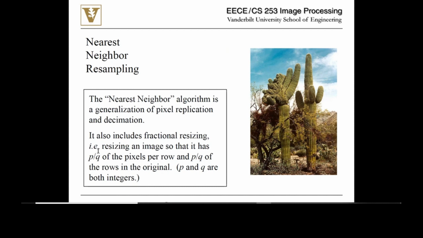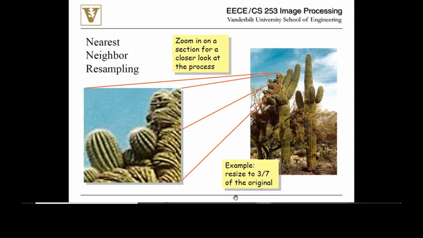So let's say that we want to rescale the image by a fractional factor, p divided by q. Let's say, for instance, that our scaling is 3/7. So 3/7 is smaller than 1, so what we will do is a downsampling.